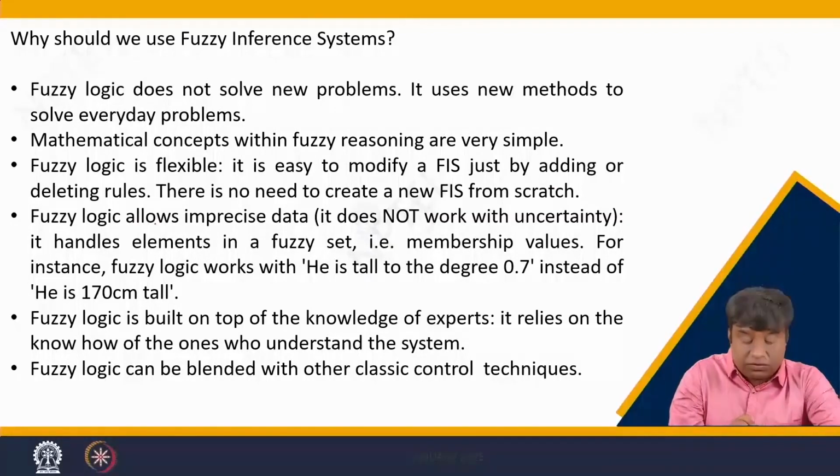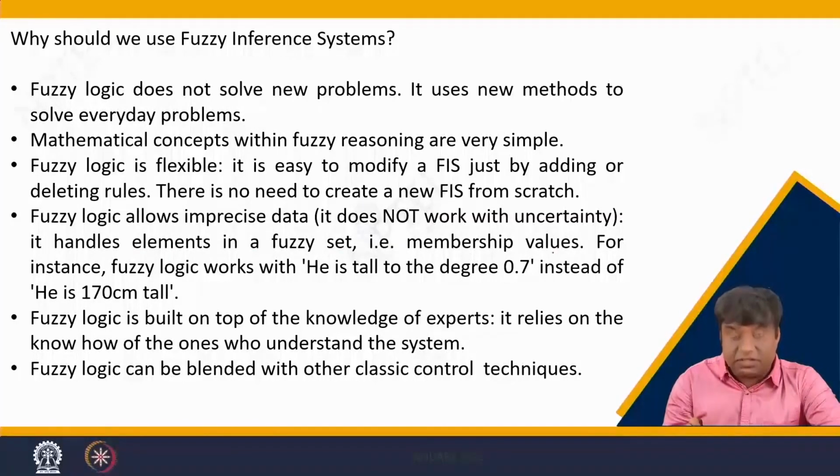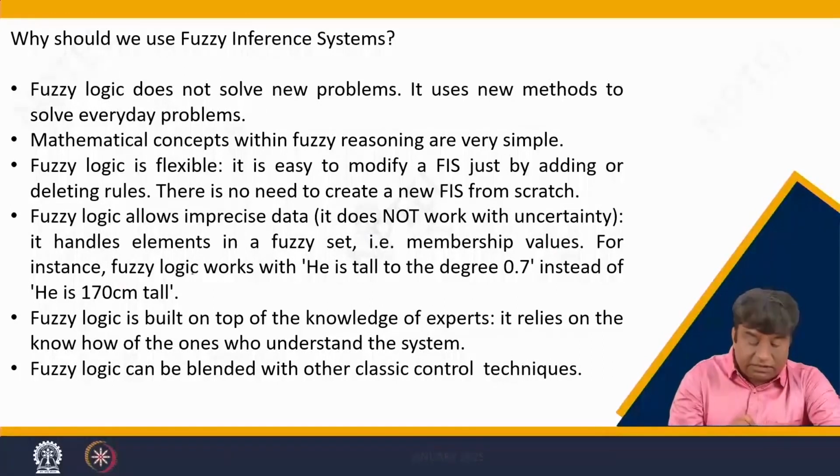Fuzzy logic allows imprecise data. It handles elements in a fuzzy set, that is membership values. For instance, fuzzy logic works with 'he is tall to the degree 0.7' instead of 'he is 170 centimeters tall'.